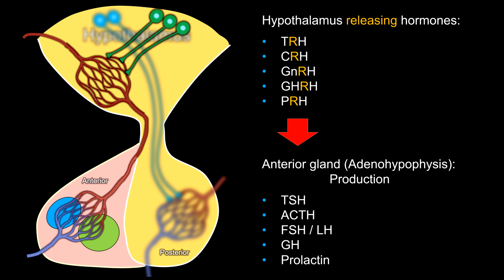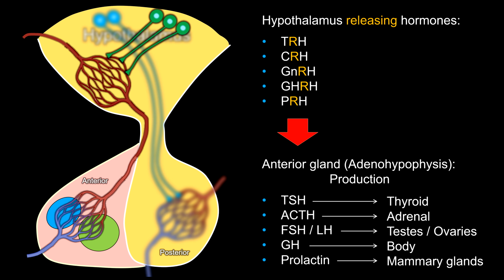So the adenohypophysis produces its own hormones. So you have secretion of the releasing hormone that extends into the nuclei within the anterior pituitary gland, and that in turn will secrete hormone downstream into the system, such as TSH, adrenal gland hormones, and growth hormone, etc.